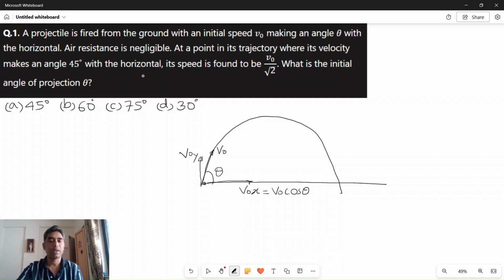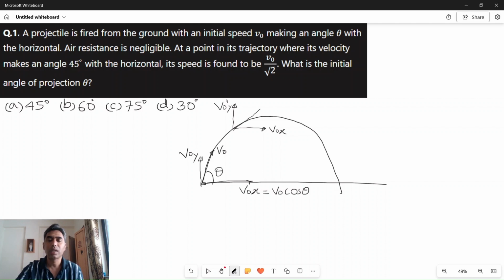So after time t, air resistance is negligible. At some point here it is given that the speed is V naught by 2. Okay, so here also there will be two components. One is V naught x and this is V naught y. You can call it as some V naught y dash. Okay, this will be different.